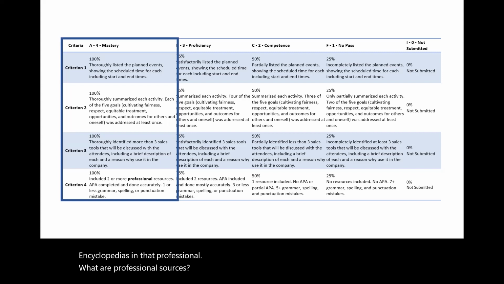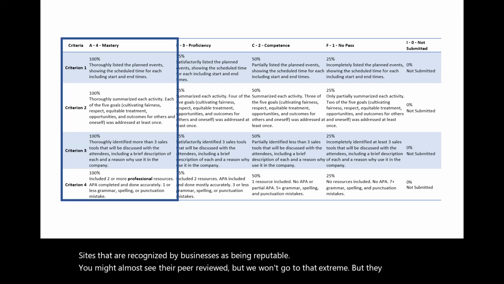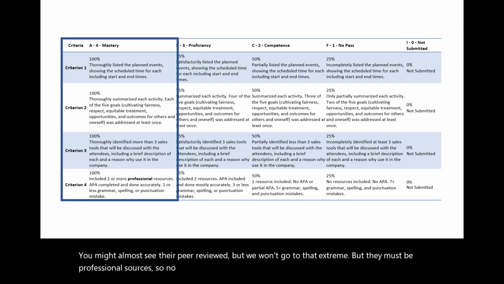Sites that are recognized by businesses as being reputable sites. You might almost say they're peer reviewed, but we won't go to that extreme. But they must be professional sources. So no Wikipedia, nothing like that. It's got to be a professional source. No newspapers, no magazines that you can go into the grocery store and buy off the counter, right?